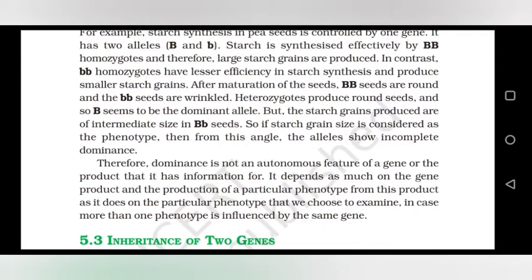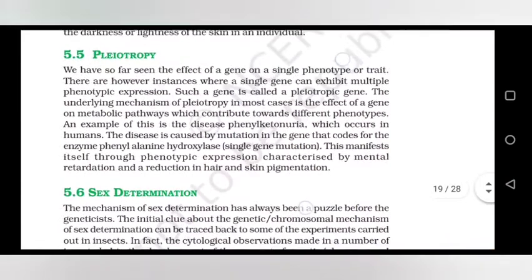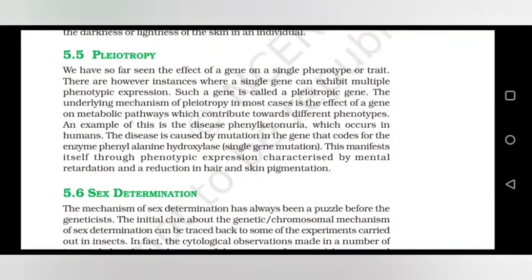Now this concept of pleiotropism is also given in your book with respect to one disease, that is phenylketonuria. This phenylketonuria is caused due to a gene mutation, a single gene mutation, which is responsible for the production of the enzyme phenylalanine hydroxylase.